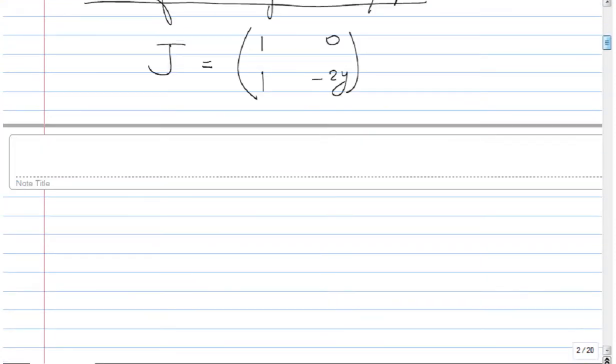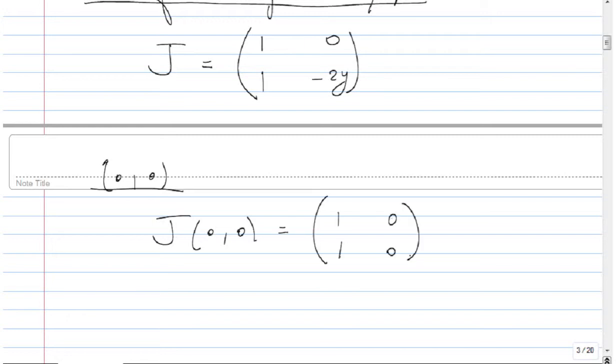So let us look at the case (0, 0) first. We have the Jacobian at (0, 0) equals [1, 1; 0, 0]. So the characteristic equation will be lambda squared minus the trace, 1 plus 0, times lambda, plus the determinant, 1 times 0 minus 1 times 0, which is 0.